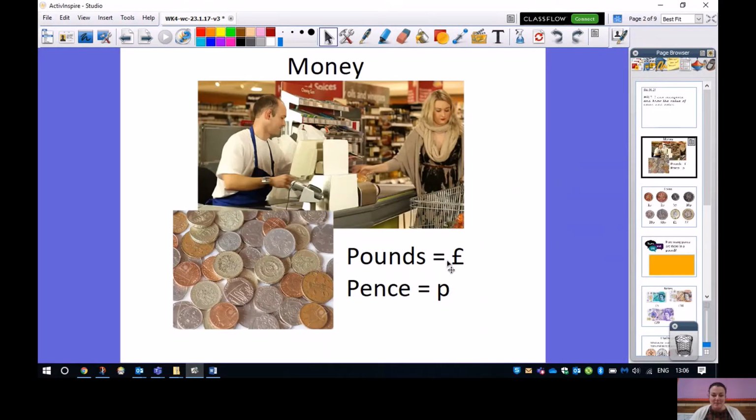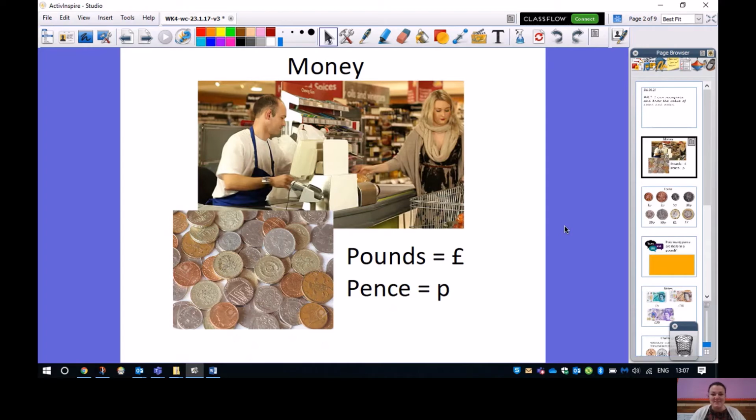This is the symbol for the pound, and you can see it here, and for pence. All of the money that we have in this country and within Great Britain is measured in pounds or pence. So it's not the same as when you're measuring something with a ruler, where you might be using centimeters or meters. With money, we measure in pounds and pence.